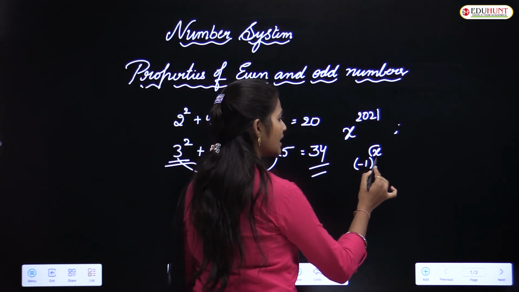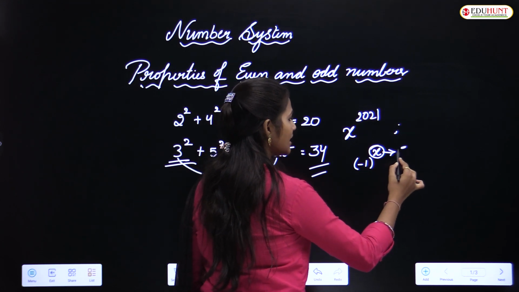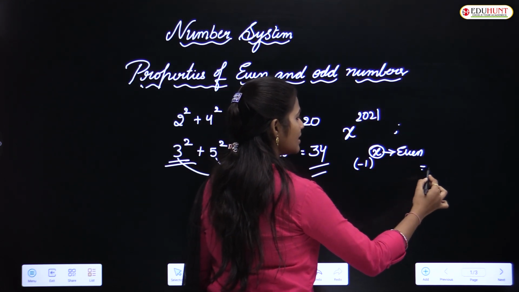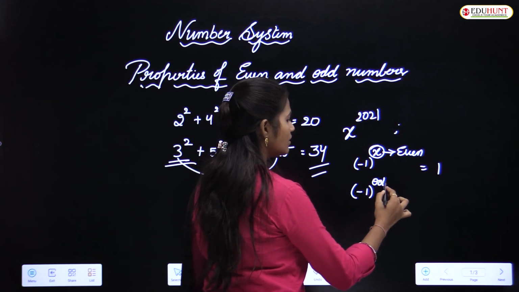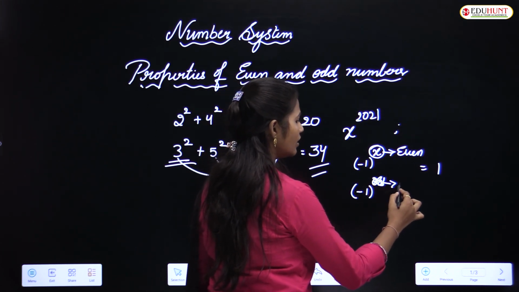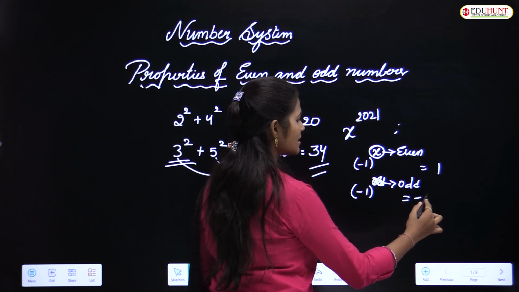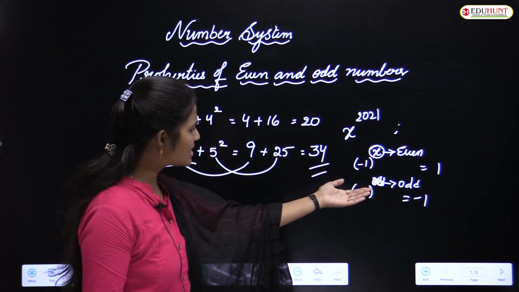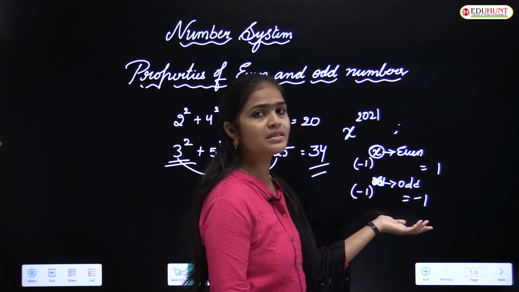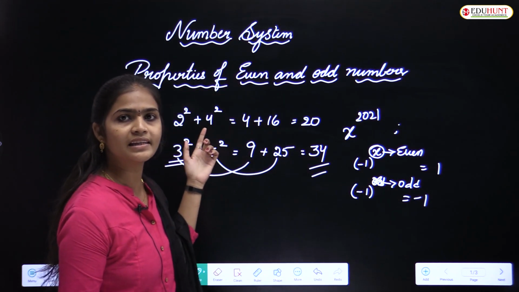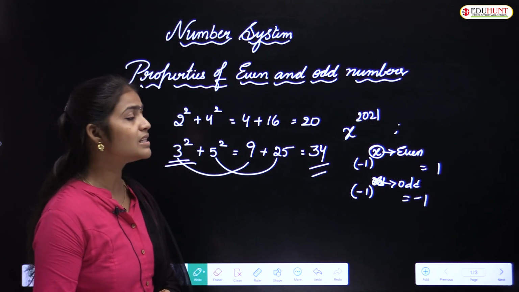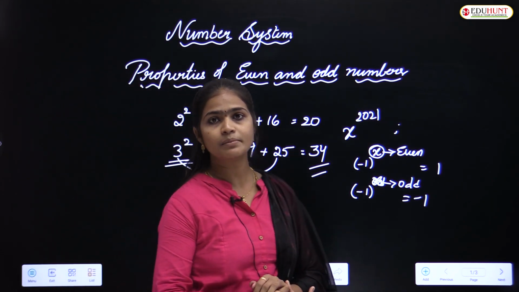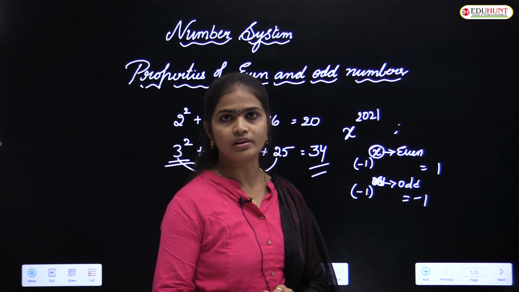Minus 1 power x, if x is even, then the result is 1. Or minus 1 power x, if x is odd, then you will get minus 1. So in these types of problems you have to apply the properties of even numbers and odd numbers. Okay, that's why this is also a very, very important concept. So you have to learn all of this.